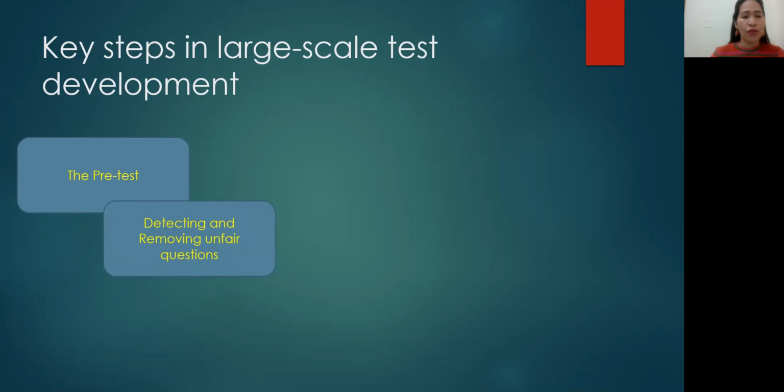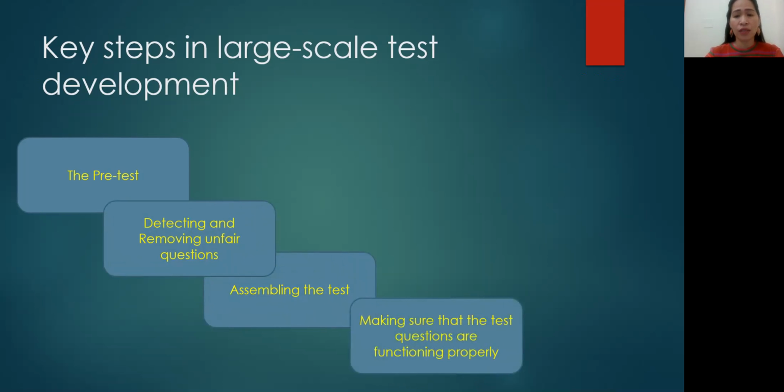Detecting and removing unfair questions comes after the conduct of the pretest. Assembling the test: the assembled test is reviewed by other committee and staff members, specialists, and sometimes other outside experts.